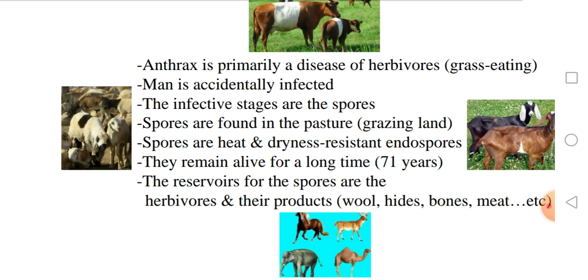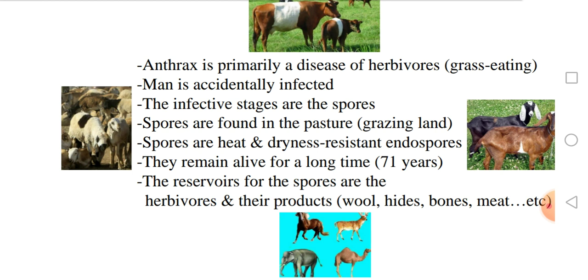Anthrax is primarily a disease of herbivores. Herbivores are grass-eating animals that feed on grass. Man is accidentally infected. The infective stages are the spores. Spores are found in the pasture, which is a grazing land.